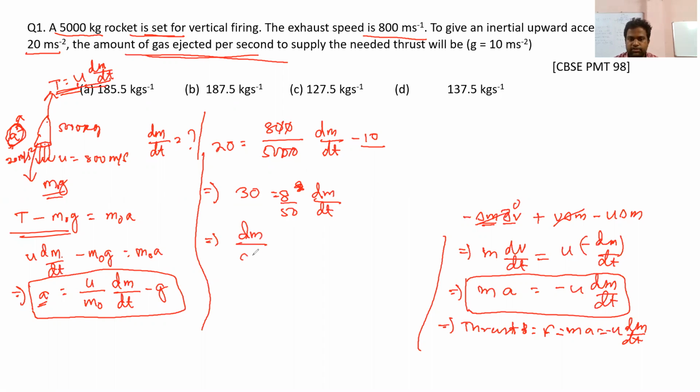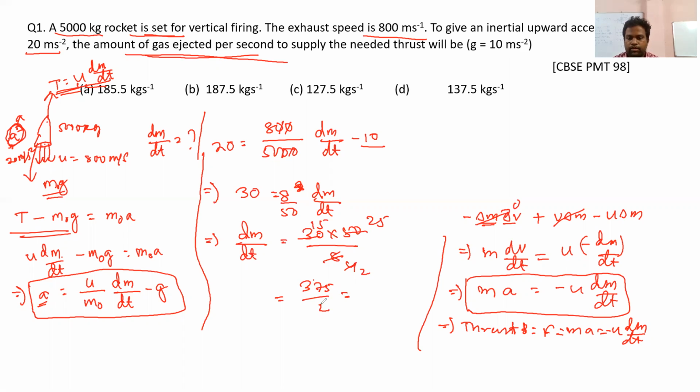So dm by dt is equal to, by cross multiplication, 30 into 50 by 8, that is 375 by 2.